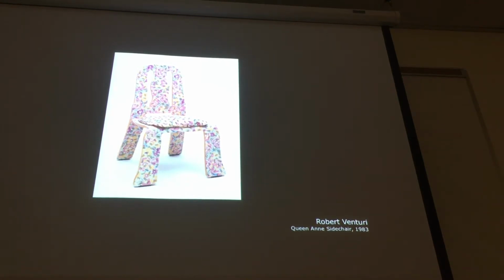So this is a plywood chair that is painted into a chintz pattern, and it's supposed to represent the stylings of a Queen Anne style chair. Again, these chairs sold for lots of money, and they all went out to these people that were a part of this era.